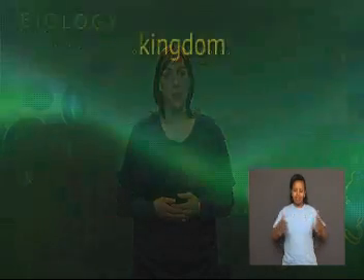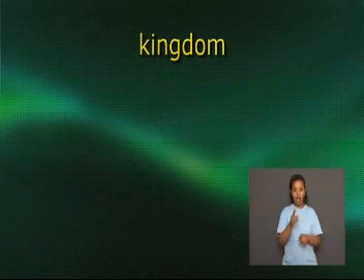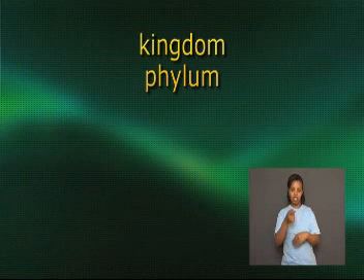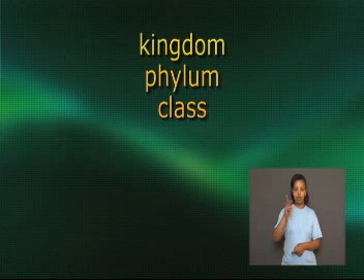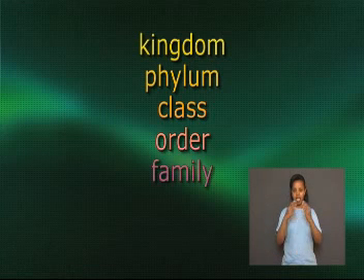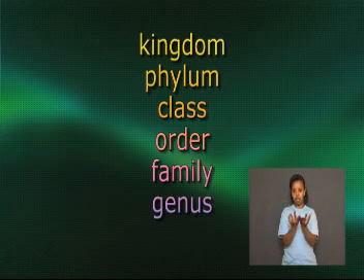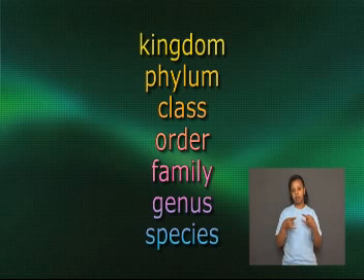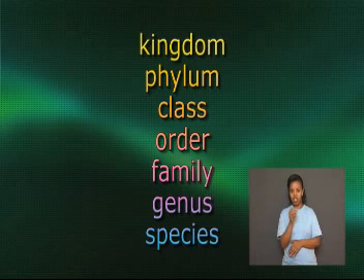Organisms begin by being classified in very broad groups, but as they go down the list from kingdom to phylum to class to order to family to genus and finally to species, they are divided into smaller and smaller groups based on the features they have in common.